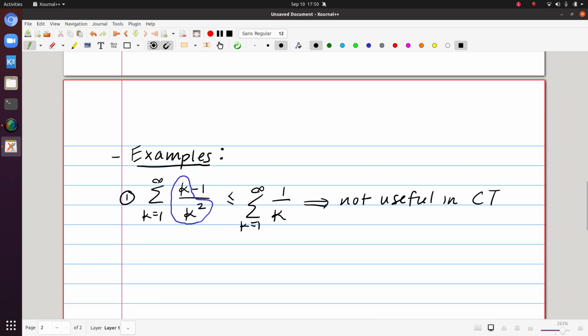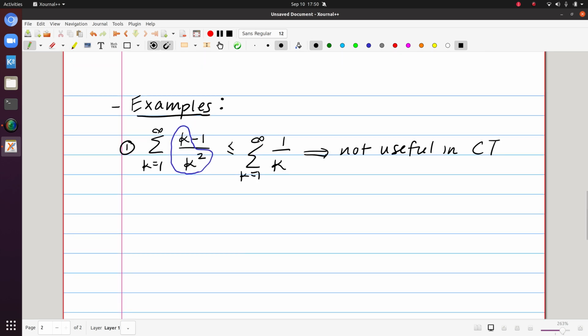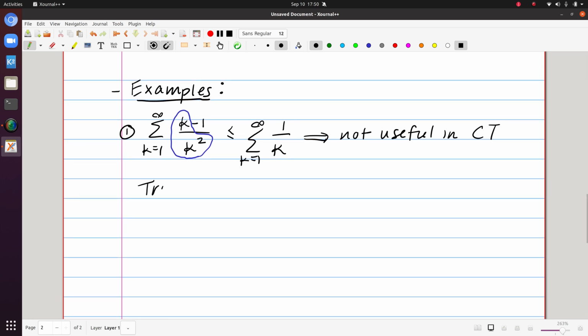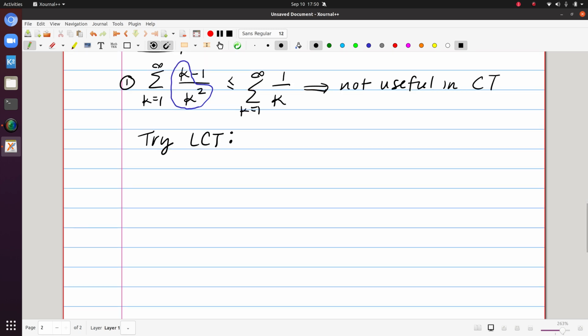If I tried the comparison test and it didn't give me the direction of the inequality I was looking for, then I move to the limit comparison test, and those same two series I already tried to compare are going to be my a sub k and b sub k for the limit comparison test. So now I'm going to try what I'll call LCT, and now I take the terms of these two series and I consider the limit as k approaches infinity of one of those terms divided by the other.